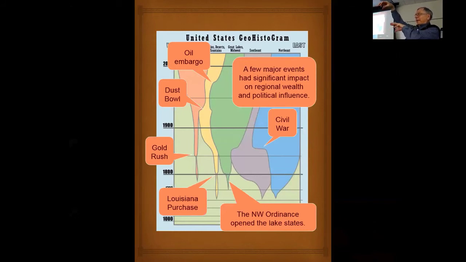Both Wyoming and Texas gained tremendously from the oil embargo because the price of oil went up, but your pump was already done. It was in the ground, it was pumping oil. All of a sudden you were getting $40 a barrel for it instead of $7. That's a lot of money. The Koch brothers are still around spending that money. Bunker Hunt and T. Boone Pickens and some of these dudes.